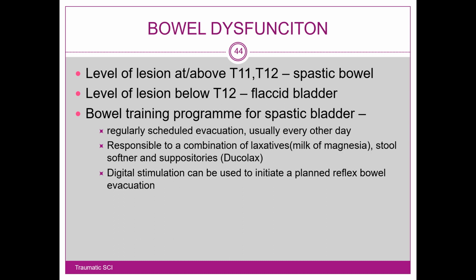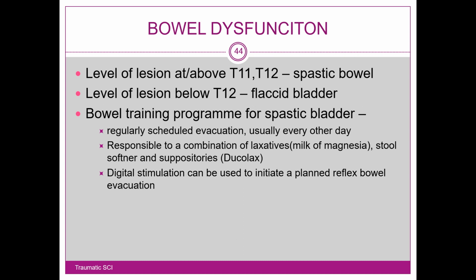Also, with bowel dysfunction, a lesion at or above T11 to T12 gives a spastic bowel. A lesion below T12 gives a flaccid bowel, the same as for bladder. Bowel training for spastic bowel involves regular scheduled evacuation, usually every other day, once in 2 days, responsive to a combination of laxatives, stool softeners, and suppositories.